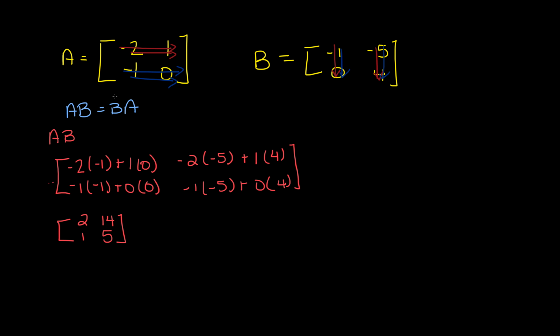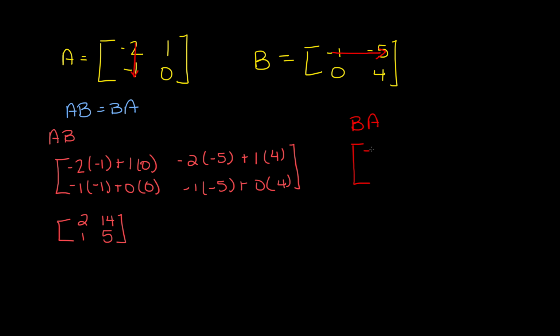Now I'm going to compare it to BA. So again, I'm going to do the multiplication, but in this case, I'm going to go across here and then down this way.